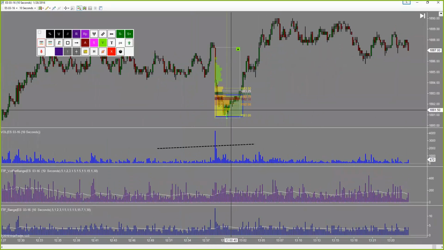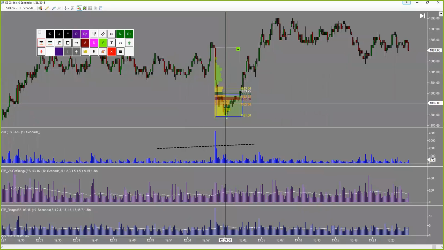So they're absorbing all that selling. The market starts moving a lot slower. It's not going as far, but yet you still have the same amount of volume coming in. So you still have a lot of volume coming in, but now the market's not moving anywhere. So what's happening? They're sitting there with their bags open, absorbing all of that selling, and building a huge long position.